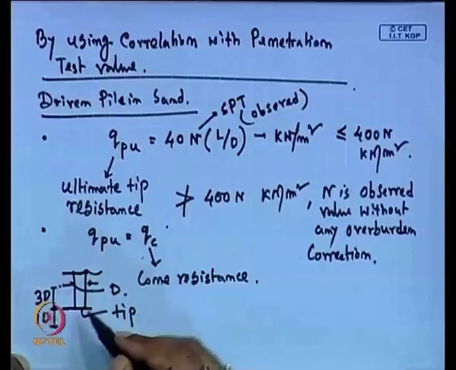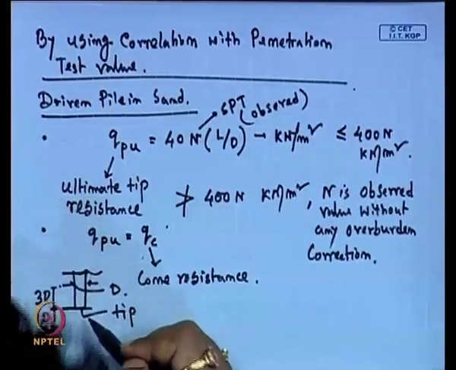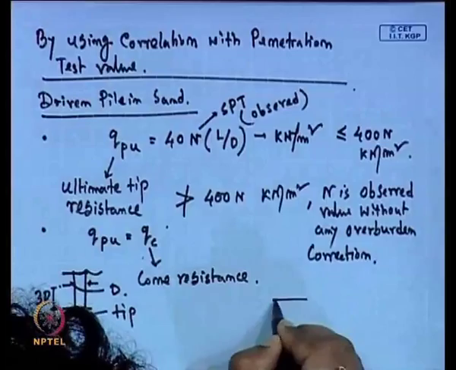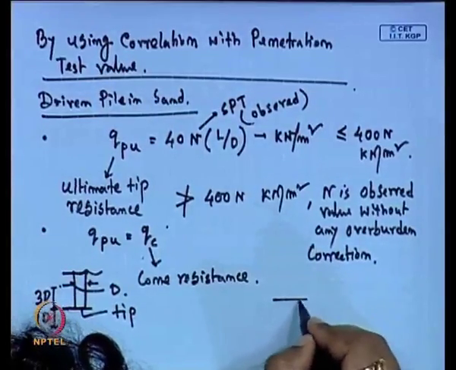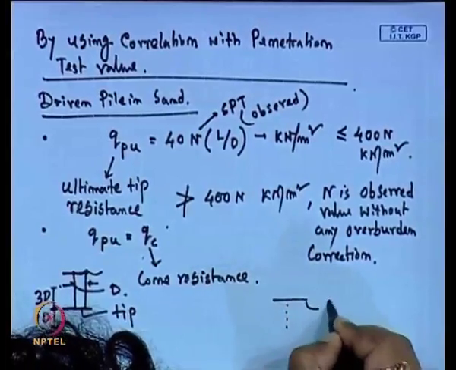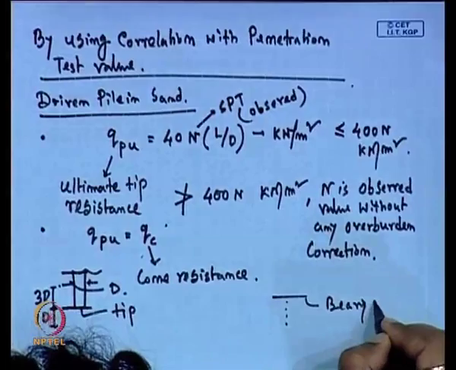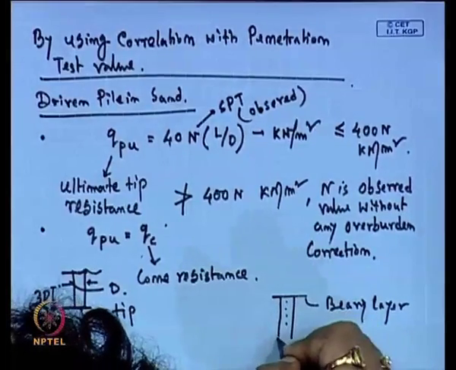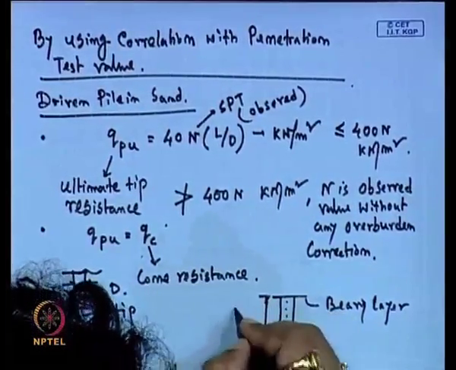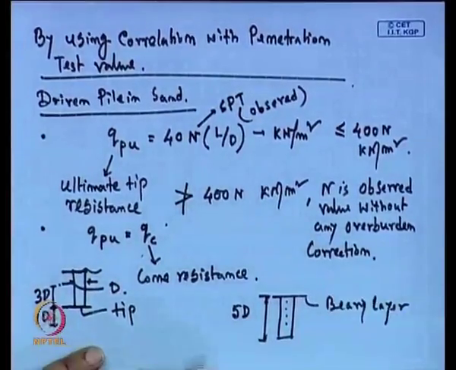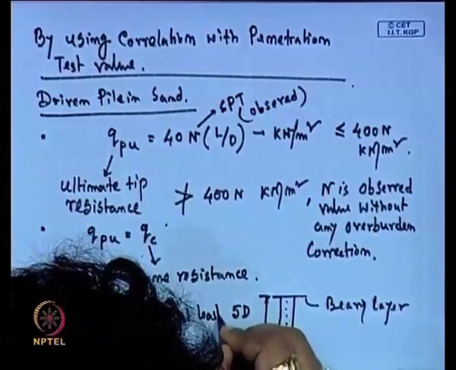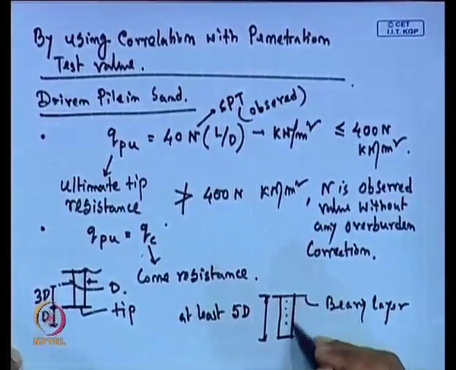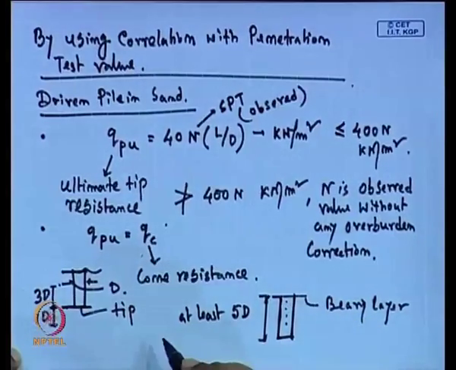Suppose this is the bearing strata, the bearing layer, then the pile has to penetrate inside the strata at least for the 5d length, then you will get the full resistance from this strata.